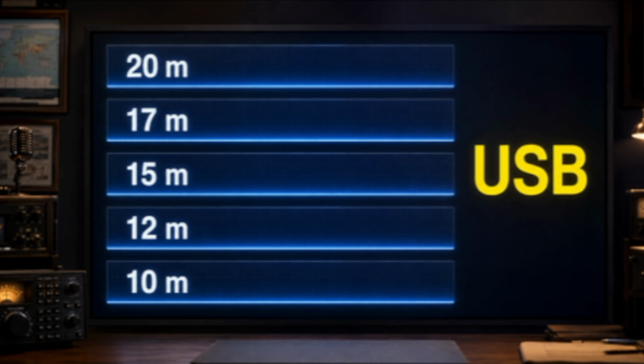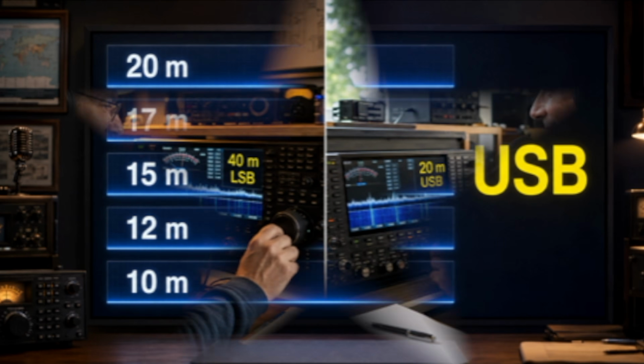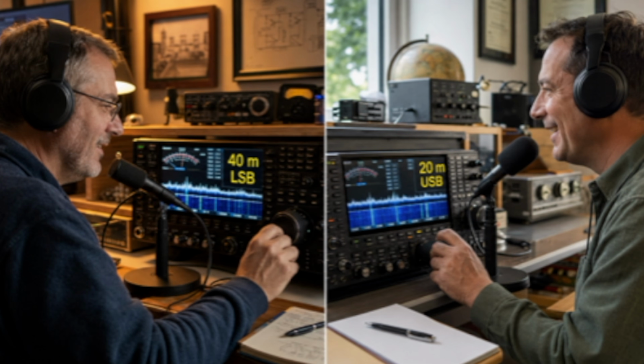On 20 meters and all HF bands above 20 meters, upper sideband became the accepted operating standard. There is no technical advantage to one over the other. The convention simply keeps everyone using the same sideband, making communication much easier. Now, if every operator chose whichever sideband they preferred, many stations would simply never hear one another.